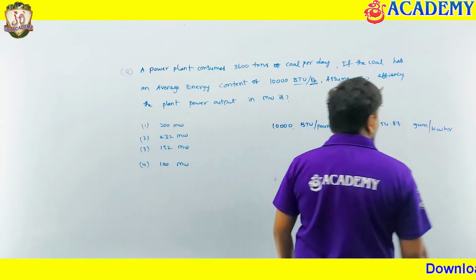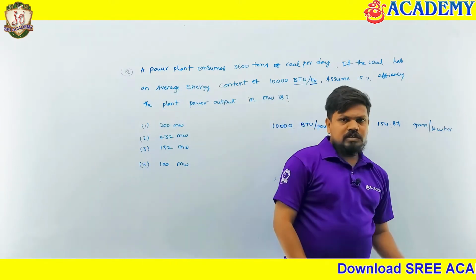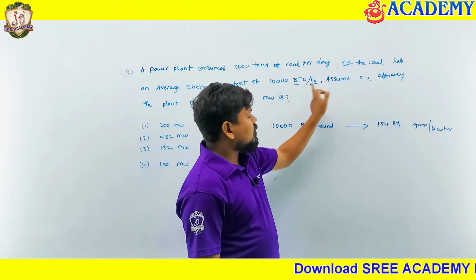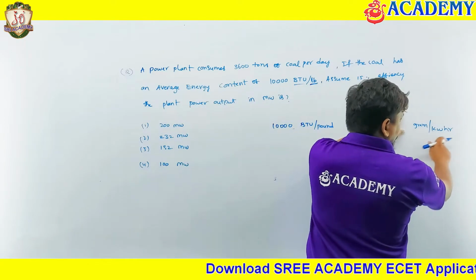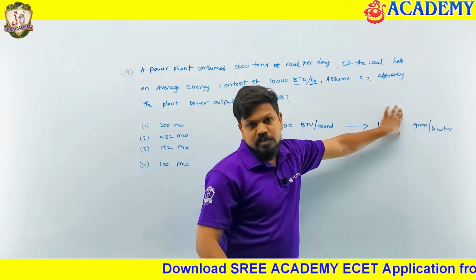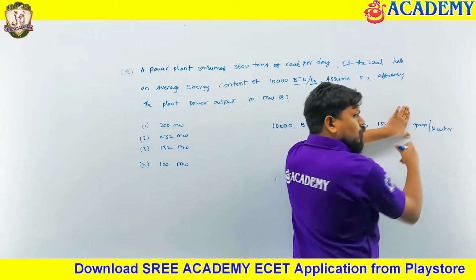Generally our electrical energy will be in terms of kilowatt hour. What they have given means: to generate 1 kilowatt hour of energy, how many grams of coal are required?